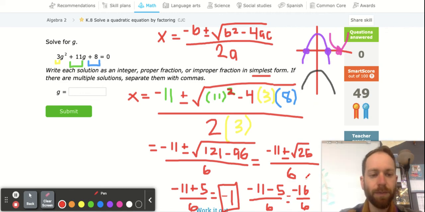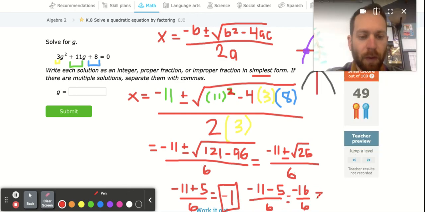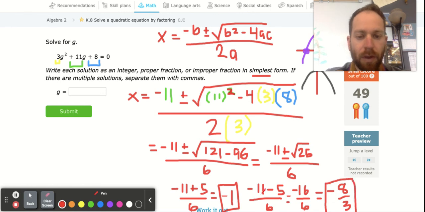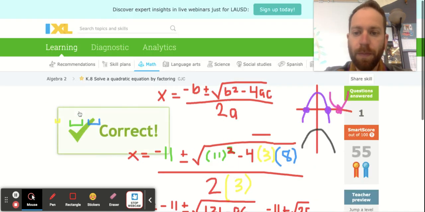So you would have negative 8 over 3. So you have two answers, negative 1 and negative 8 over 3. Go ahead and make sure you write your answers separated by a comma. The order should not matter. There you have it.